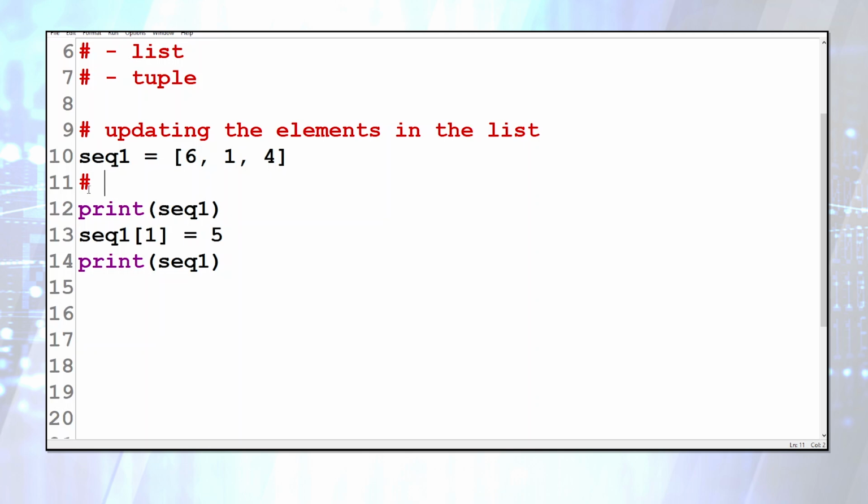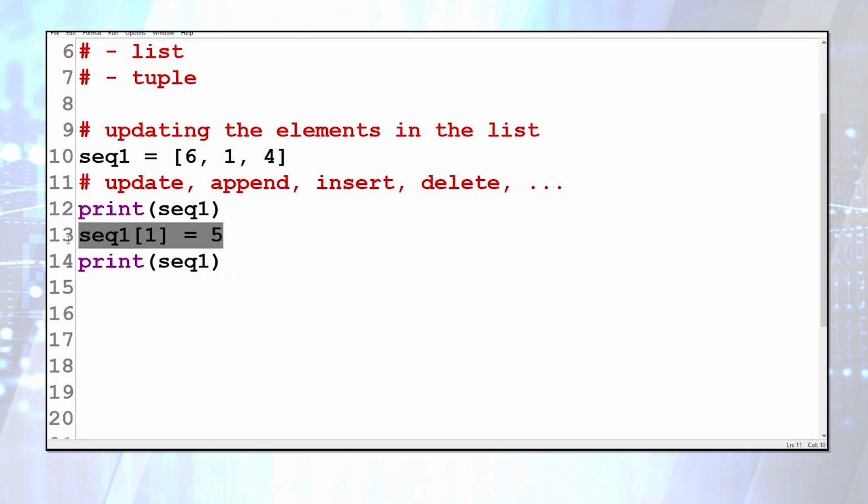So this first one was to change a value, and then we will have append, we will have insert, we will have delete, and some other stuff that we are going to talk about one by one. Okay, so we changed the value, so let's do update as well because we updated a single value in here.